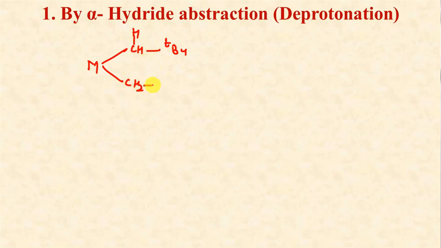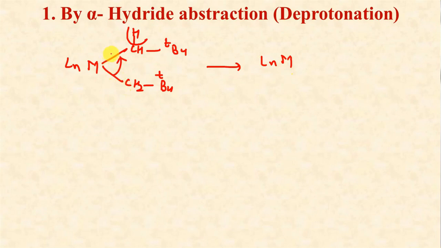Again we have CH2 tertiary butyl. Here we can have other types of ligands, which will be discussed later. What happens is that this tertiary butyl is removed along with this CH2 group, and one H is lost as hydride from another neopentyl substituent. The final outcome is LnM.